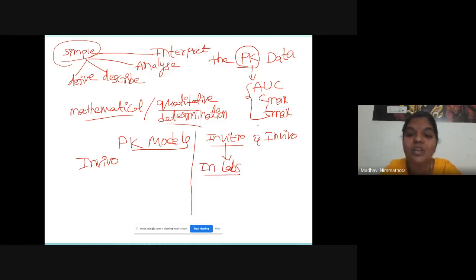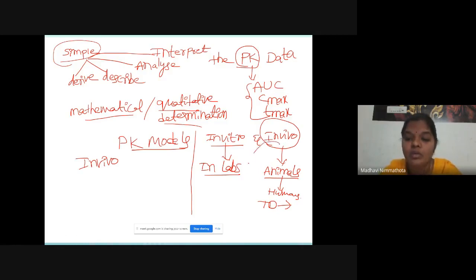This is called in vitro data analysis. Then you perform your experiments on suitable animals. Suppose you want to test an oral dosage form, or humans in the case of transdermal systems, you select rats or mice, whatever it is, to see the in vivo pharmacokinetics.